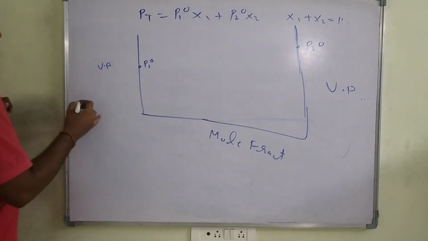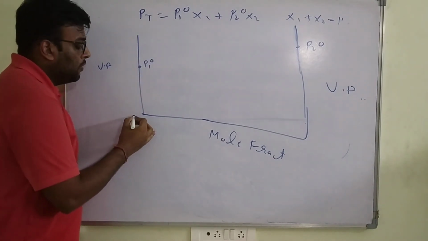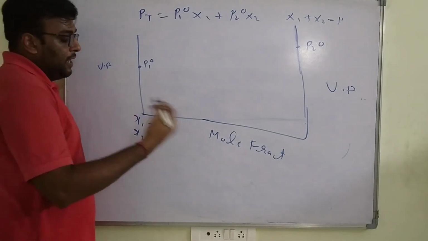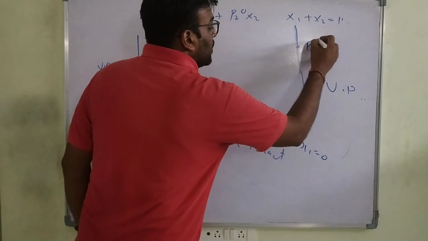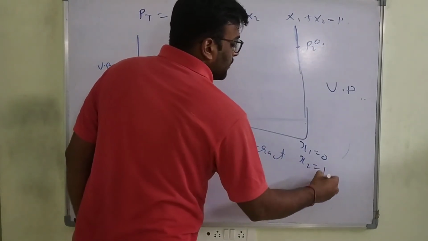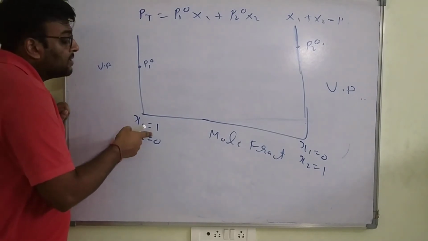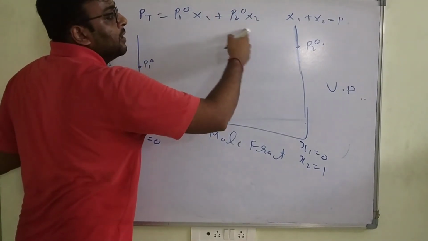As we know, x1 plus x2, P1 naught x1. Suppose here x1 is equal to 1 and x2 is equal to 0, and here x1 is equal to 0 and x2 is equal to 1. Look over here very carefully. If x1 is 1, it has a maximum value, and the other value will be 0.